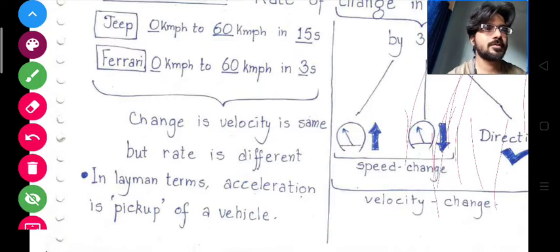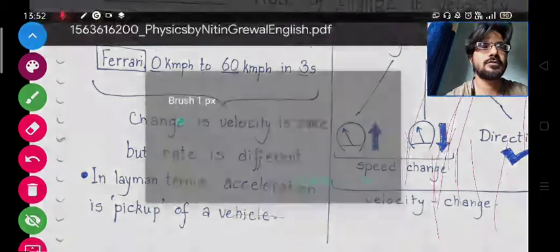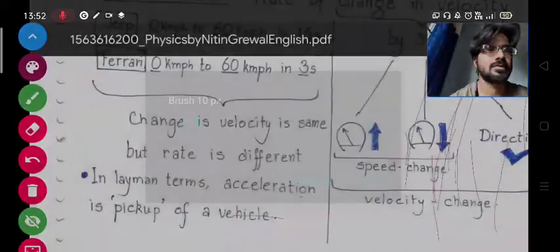So we have studied that the direction of the force applied is the direction of the acceleration.